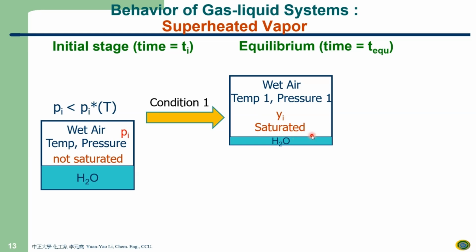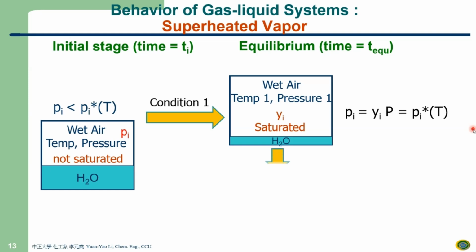So this is what we call saturated. I hope you still remember that at this point Pi equals Pi star. This equation is the combination of Raoult's law and Dalton's law, right? So Pi equals Pi star, a function of T.